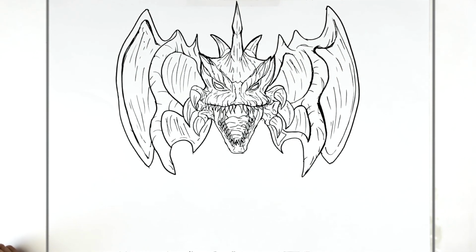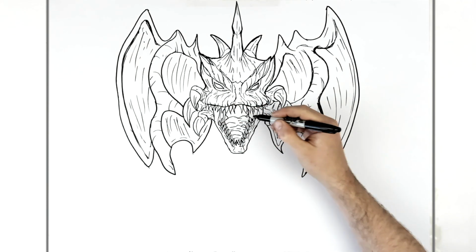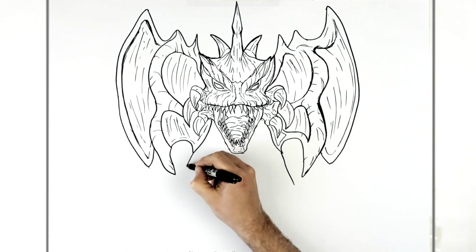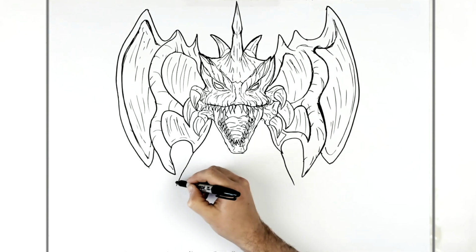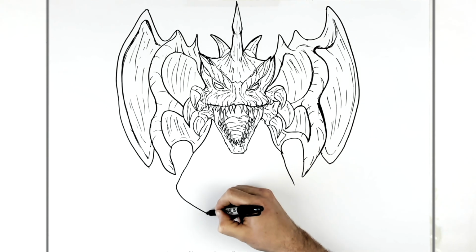Okay, so how are we getting on? So that's the head. Let's go for the neck and the body. Neck kind of comes down from these spikes sort of here, right? So you got like armor plating, sort of here, and it goes in.